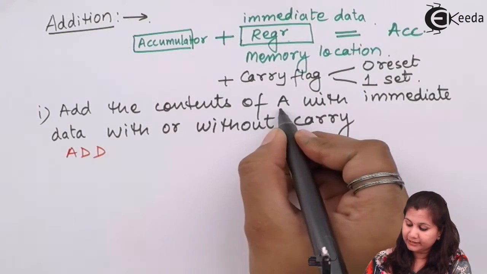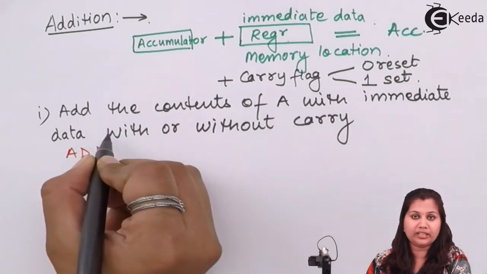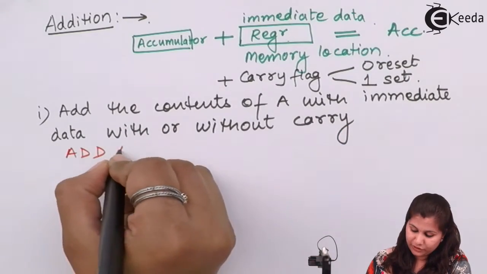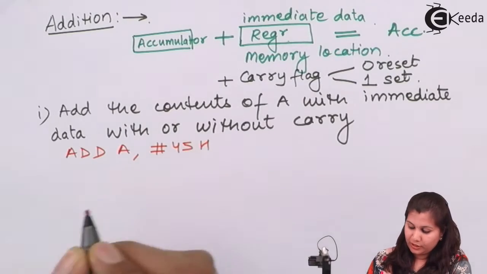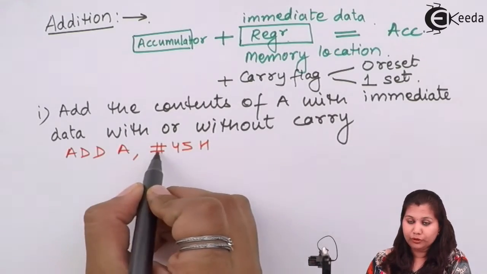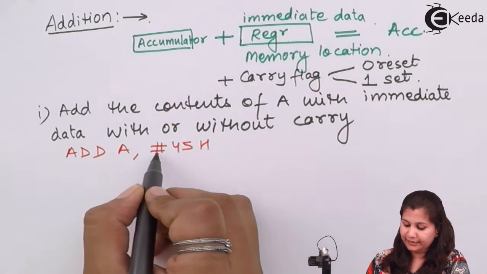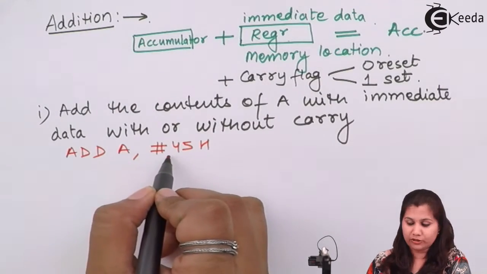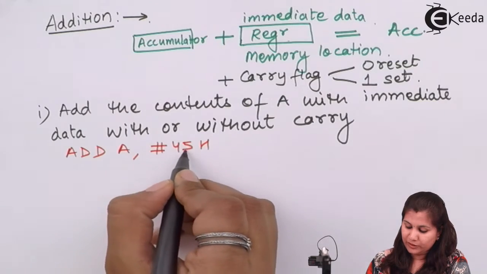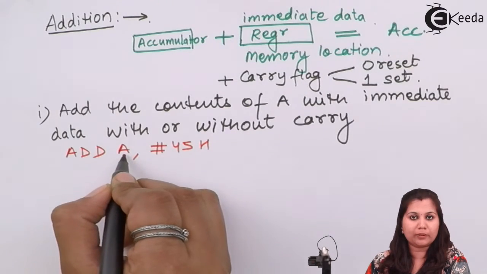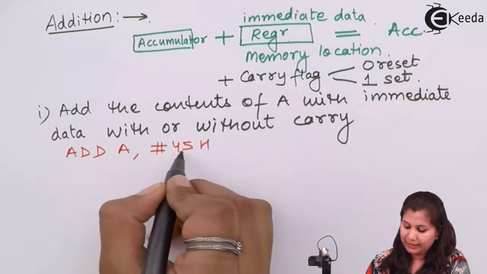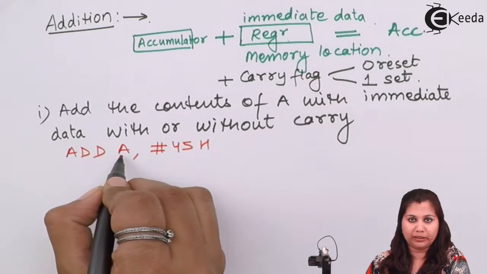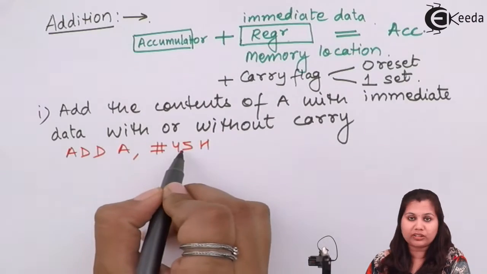ADD A, #45H, because here we are adding the contents of A with the immediate data. The data is available in the instruction itself, 45H. For immediate data, we use the hash sign here. So this is the immediate data 45, and one 8-bit number is stored in the accumulator. Those will be added and the result is stored in the accumulator. So this is addition without carry.